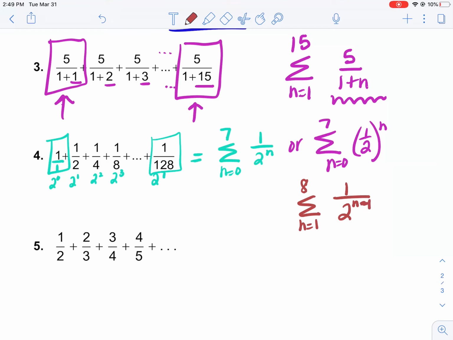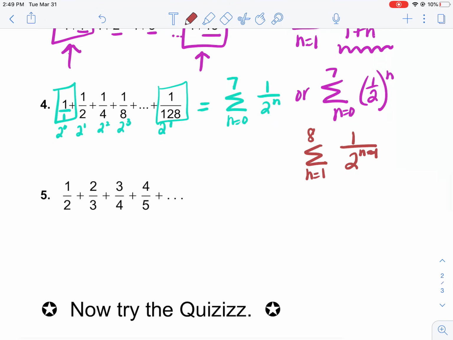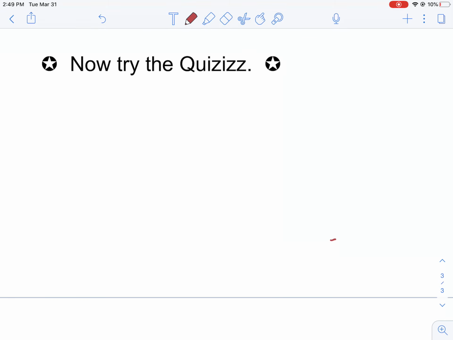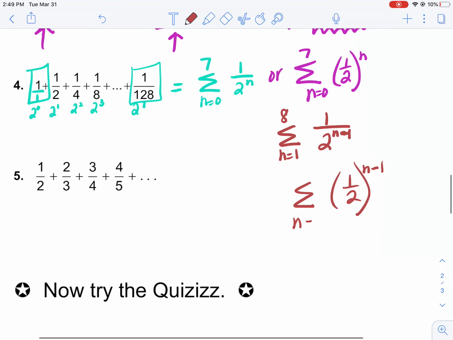So for this one, I had to start with n equals 1, not n equals 0. And then one other way to do this would be 1/2 to the n minus 1 power. We would have to start with 1 and end with 8 on there.